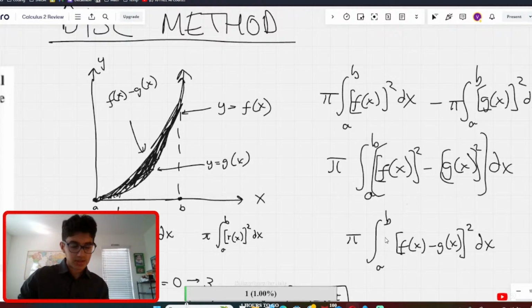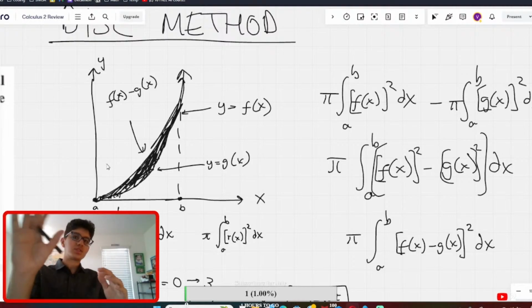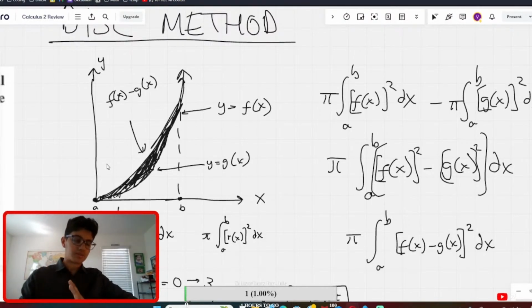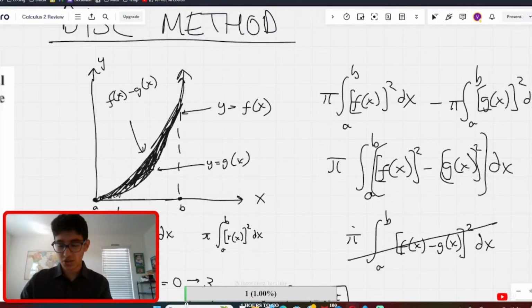If you rotate just this shape around, you'll end up getting something different. Well, ignore whatever I just said. Basically, it's not this, so don't get tricked into thinking that. It's like this. You square f of x, you square g of x, you subtract them, and then you integrate. That's basically how you do it.